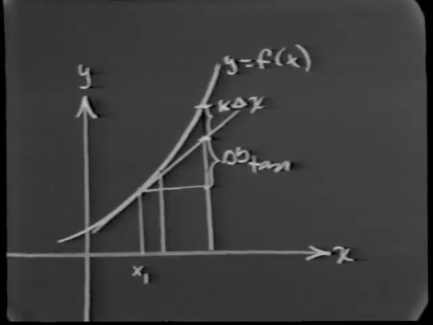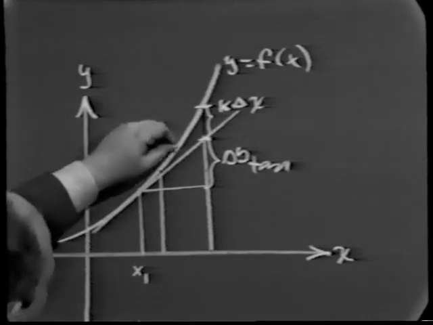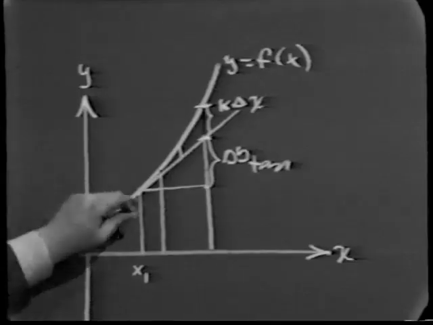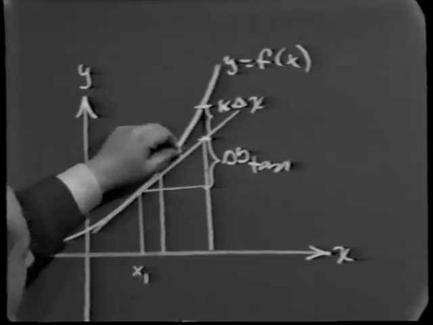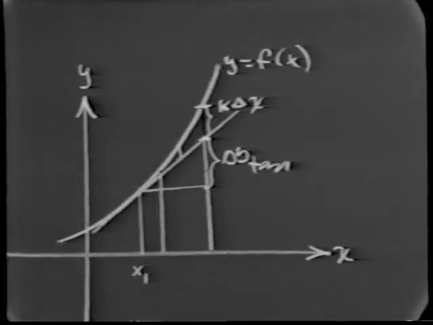And what does it mean to say that k approaches 0 as delta x approaches 0? What it means is this. It means that not only does this vertical difference get small as delta x goes to 0, but more importantly, this vertical distance gets small very rapidly compared to how delta x gets small.